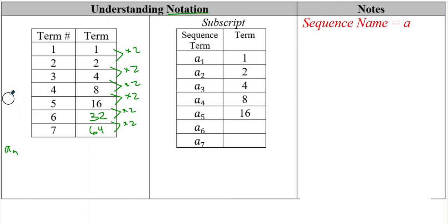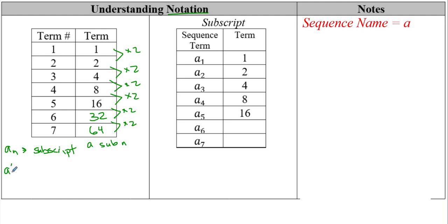If it is down below, we call it subscript. So this is our subscript notation, and it's important how we actually say this. This is pronounced A sub n. So if we were looking at this first term, this would be A sub 1, then we got A sub 2, A sub 3, and so on. So we want to know that subscript is A sub n.